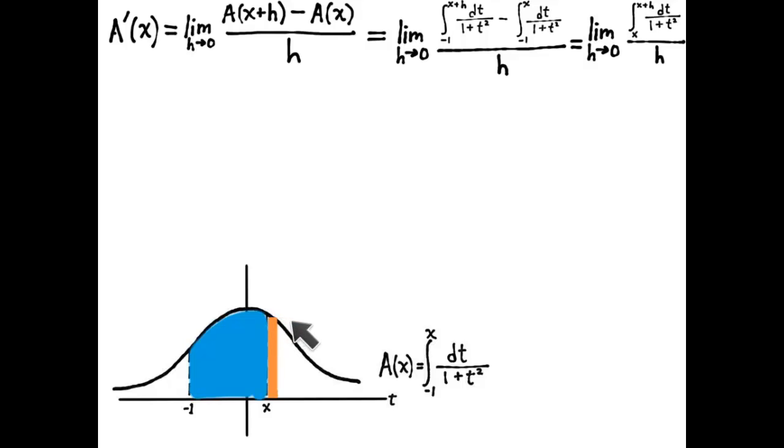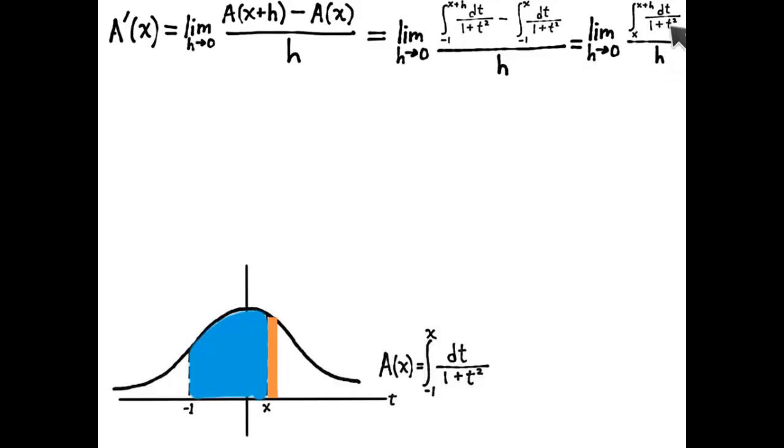And you might think that I'm cheating to replace that actual area with a rectangle. But in the limit as h approaches 0, the difference between that rectangle area and the actual numerator of this expression becomes so small that this quantity over h has the same limit as the rectangle area over h.